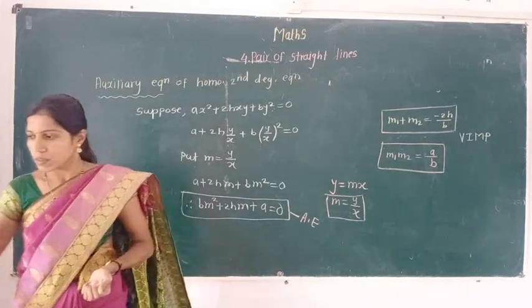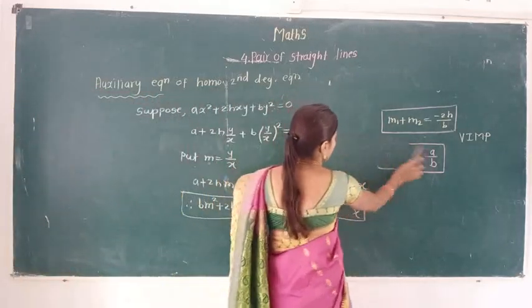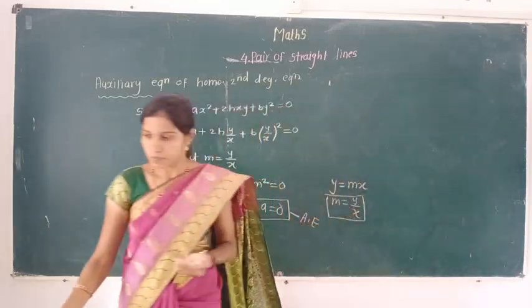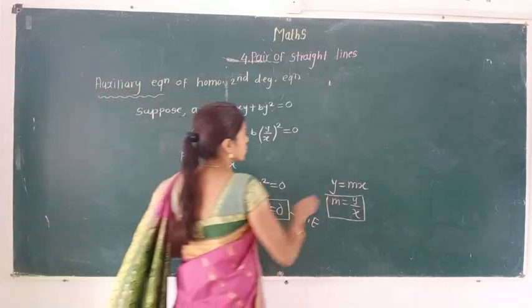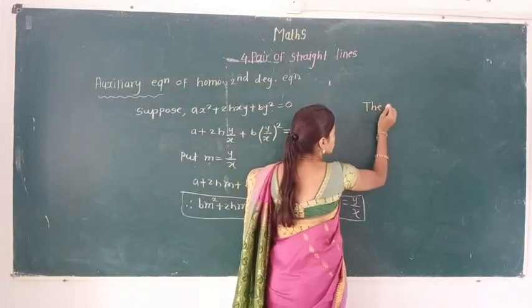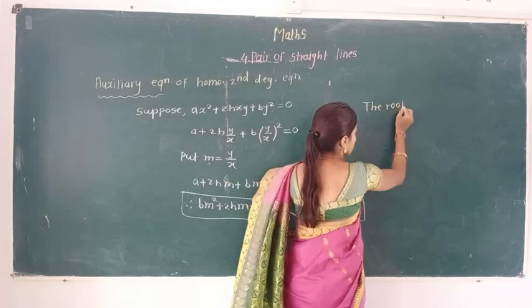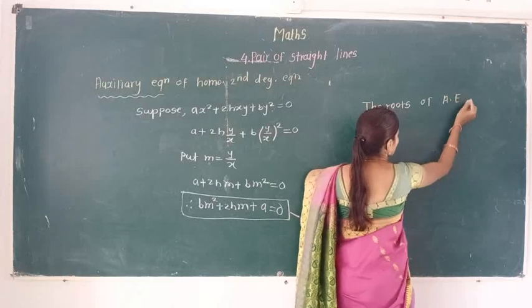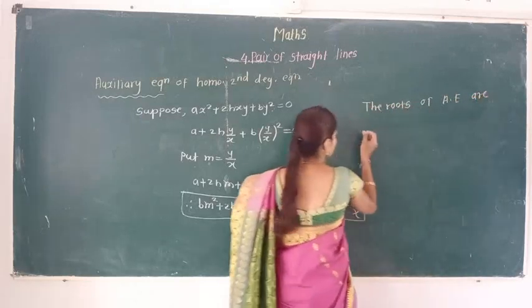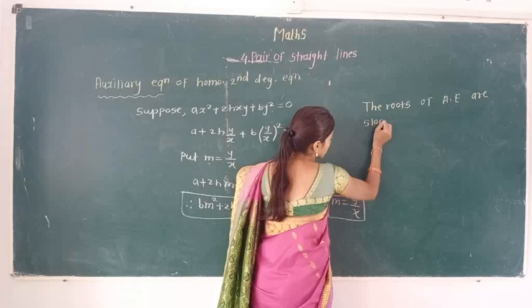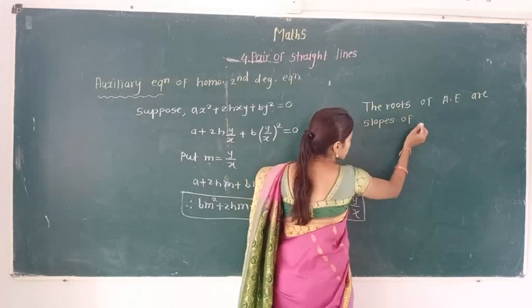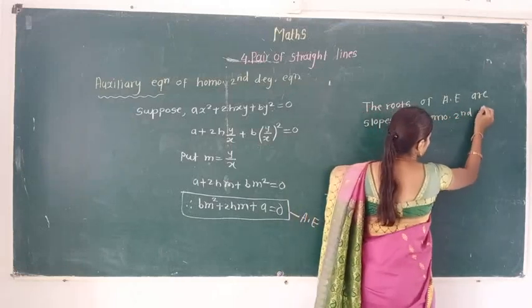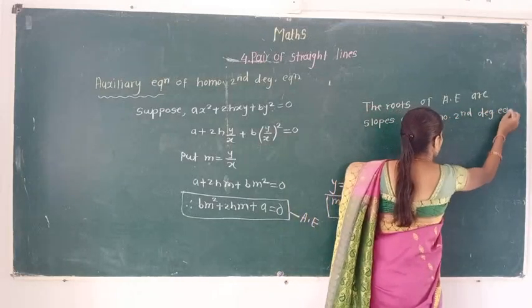Okay, now see, the roots of the auxiliary equation are the slopes of the homogeneous second degree equation.